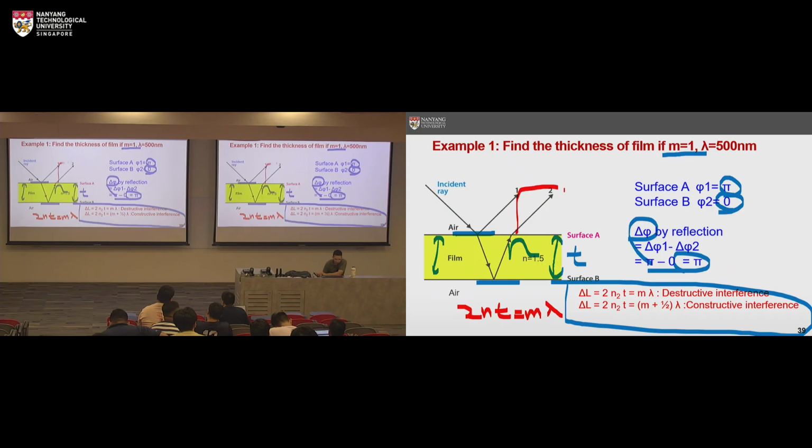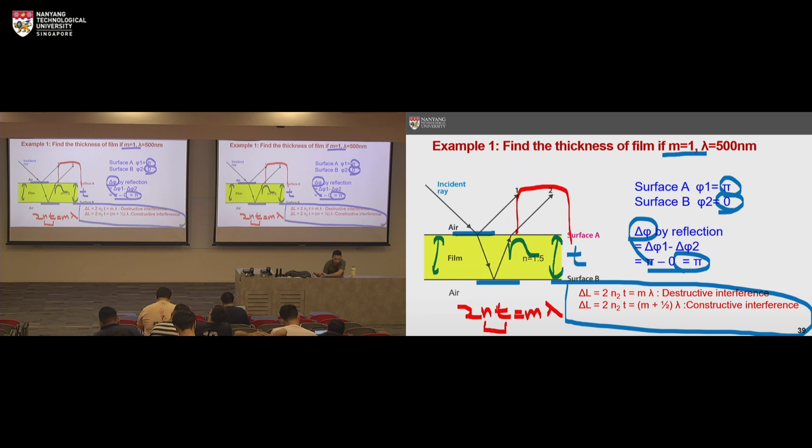But please remember, in 2nt, the n should always correspond to the refractive index of the t, right? Otherwise it doesn't mean the optical path length. nt is the definition of optical path length. So your refractive index should be tied to where your t is. If you accidentally put the refractive index of air or somewhere else, you will get 0, okay? There's no partial point if you write the nt wrong. I already reminded you several times: n is tied with t. The t is the thickness of the thin film.